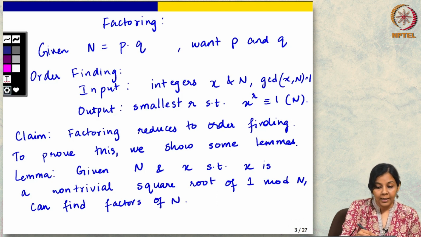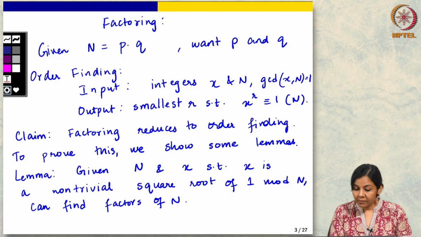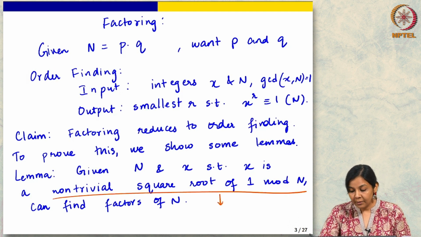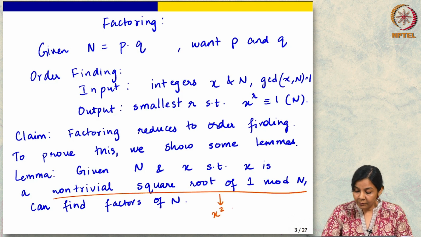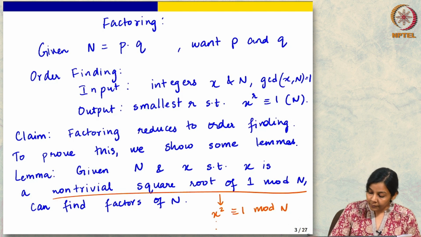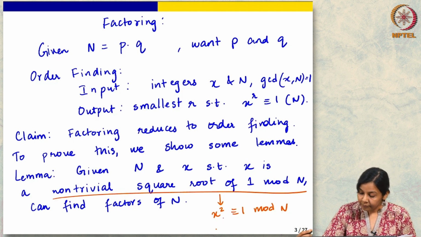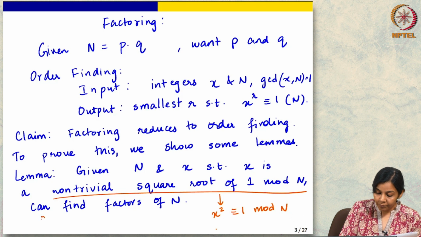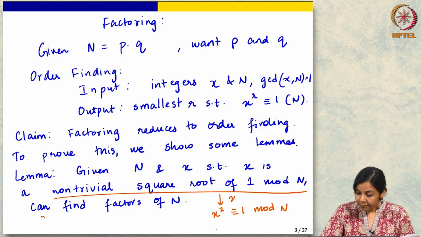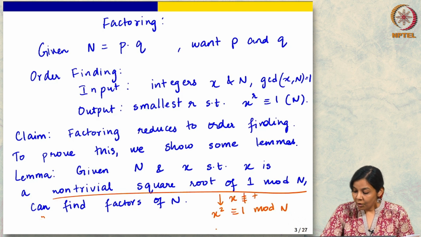Now, note that non-trivial square root of 1 mod n means what? It means that x squared is congruent to 1 mod n, but x is not equal to plus minus 1 mod n.